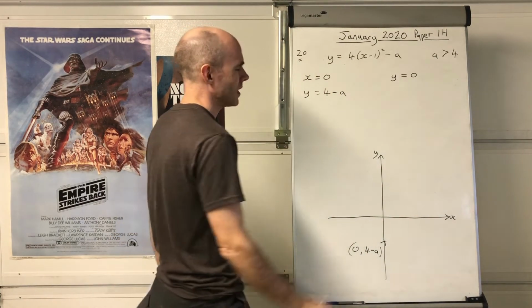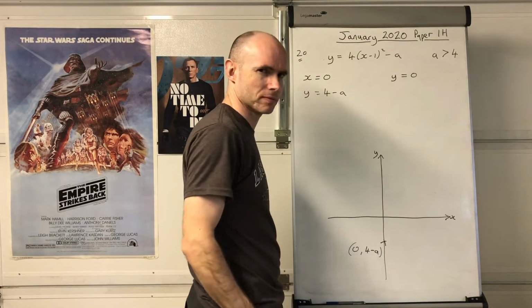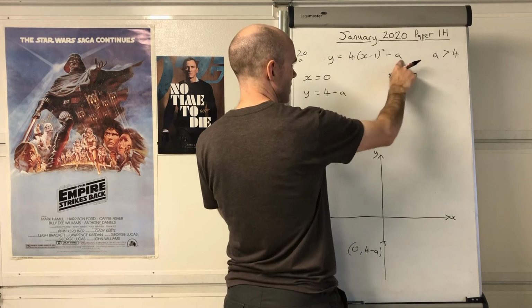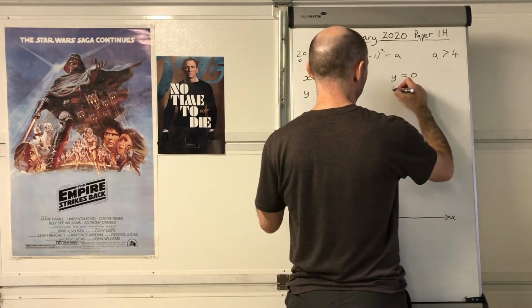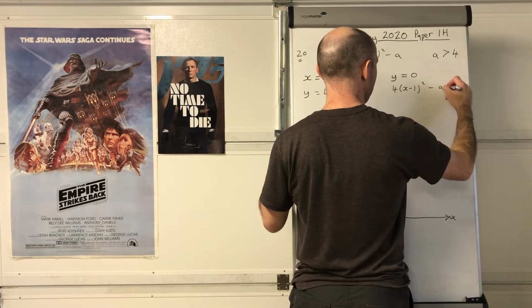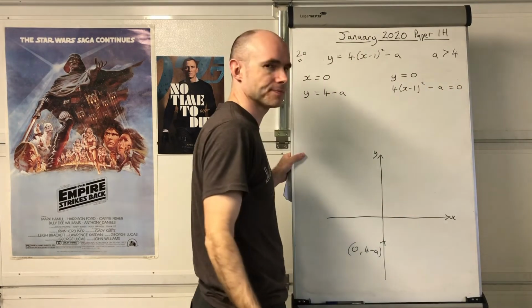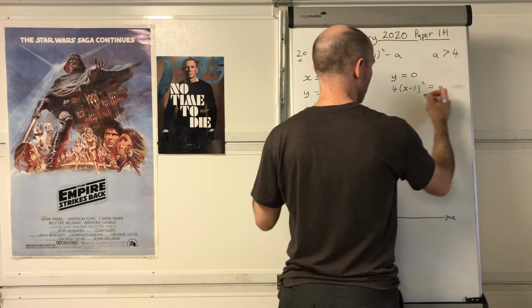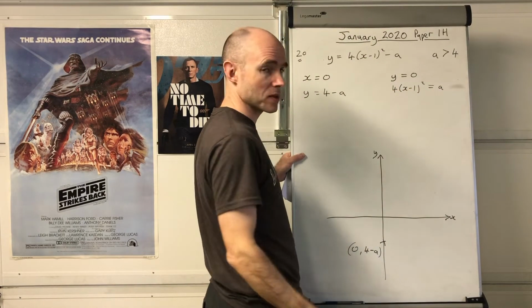Right, next, when y equals 0, we can work out x's. So what that means is this bit here is equal to 0. So you've got 4x minus 1 squared minus a equals 0. You could just rewrite that as 4x minus 1 squared equals a.